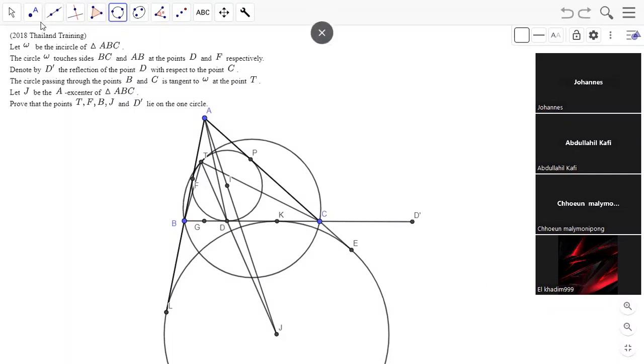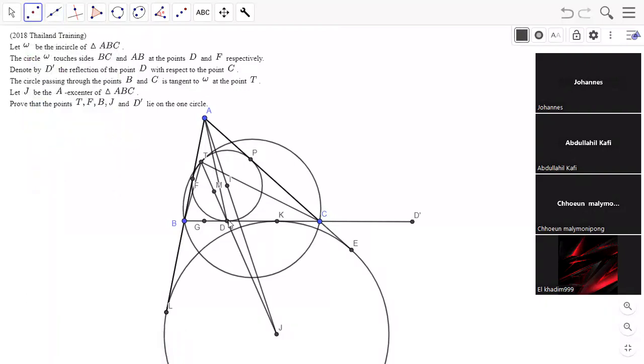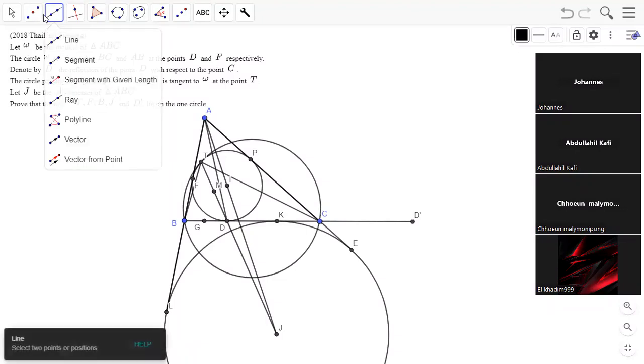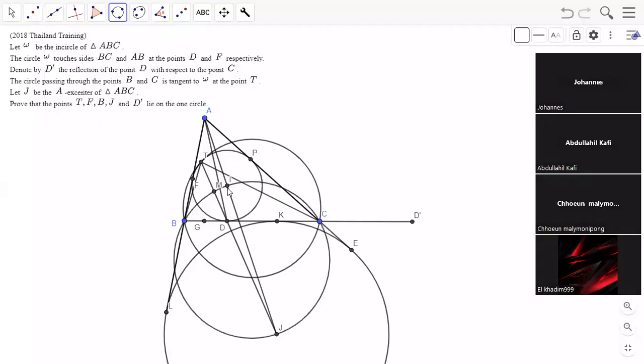That would mean, if we take the midpoint of TD, we call it M, I think that might mean that M lies on this circle, which is obvious, right? So I think it's just power of a point because we have that MD times DJ is BD times DC. And so if we double this and we double this, then it's still true by power of a point that TD times DJ is BD times D prime. And so that proves it.